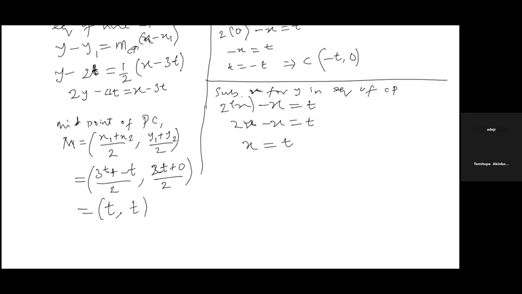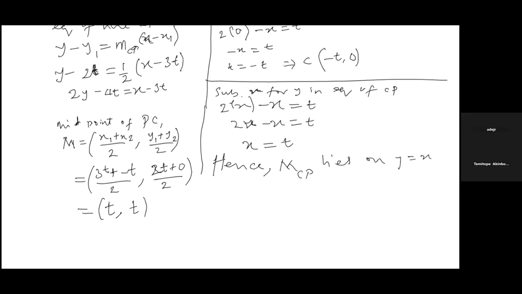Hope that is clear. Hence, M of CP lies on y equals x.